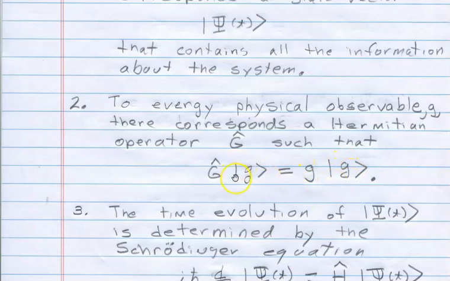Now here, the g ket is the eigenstate or the eigenket corresponding to this operator g, and little g here is a number. In fact, it's a real number. It has to be a Hermitian operator, and I know that Hermitian operators have real eigenvalues. So eigenvalue here, g, corresponding to the eigenstate or the eigenvector, eigenket vector g.